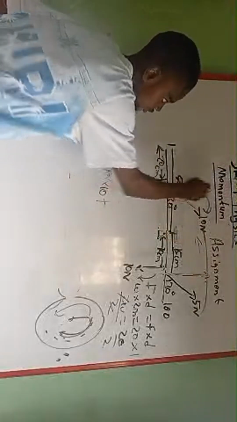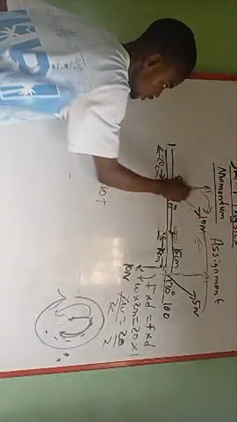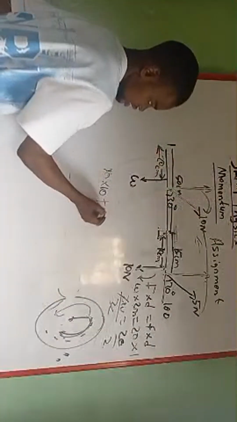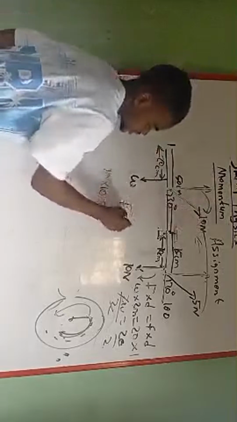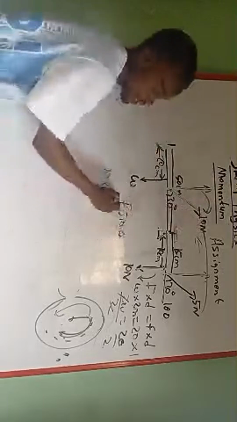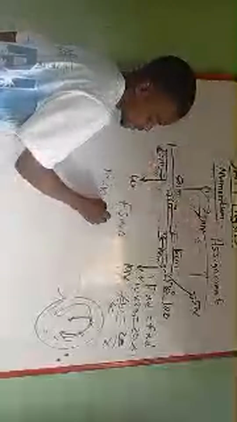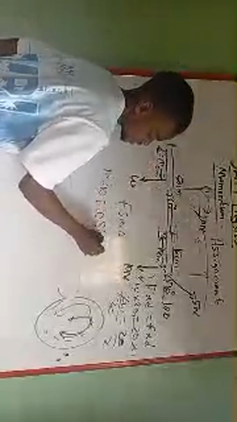But now you have converted it to a vertical component. Remember that we have F sine theta converted to vertical, while the force on this line is 10 Newton. So you're going to have 10 sine 30. Are you getting it? And all of these are working in the clockwise direction.